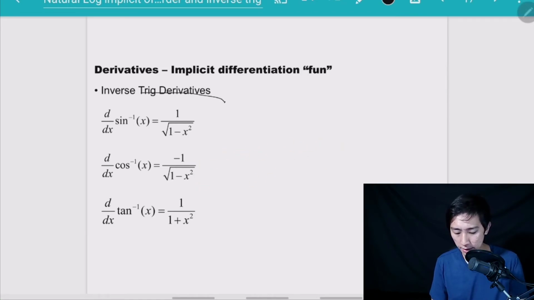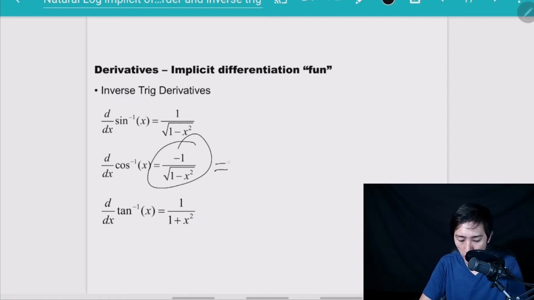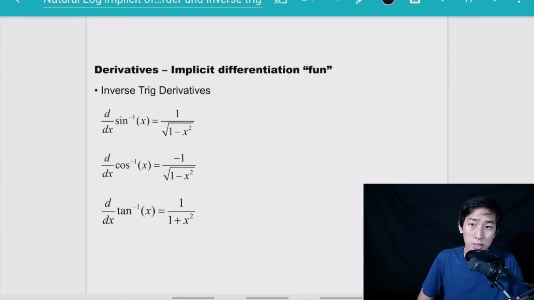But basically, this is the important thing you need to know. You need to have these memorized off the top of your head. Some people write this one like this, but another common form, if you're using extra resources, is 1 over negative square root of 1 minus x squared. But as you should know by now, that's literally the same thing. It's just dealer's choice how you want to deal with it.